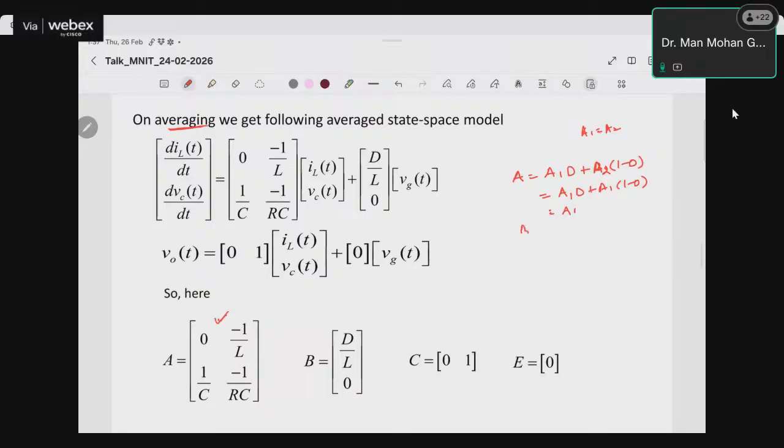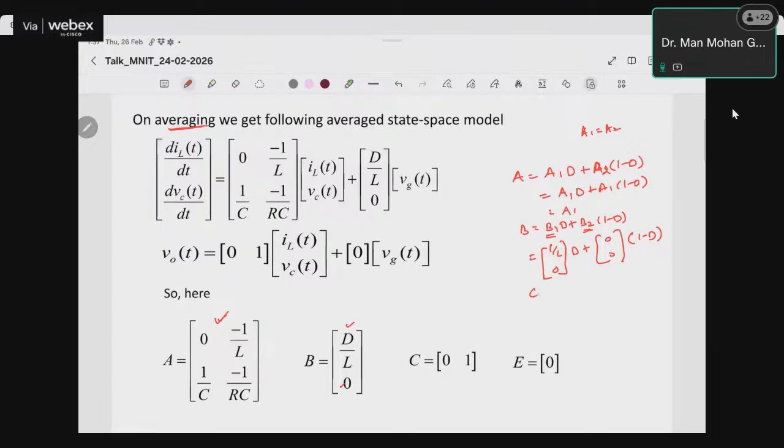Then the B matrix, we can write B1 D plus B2 (1 minus D). Then B1 and B2 we are having. So what was the B1? 1 by L into 0 times D plus 0 times (1 minus D). So you can simplify this. This is 0 only. So this is D getting multiplied inside. So this is D by L into 0.